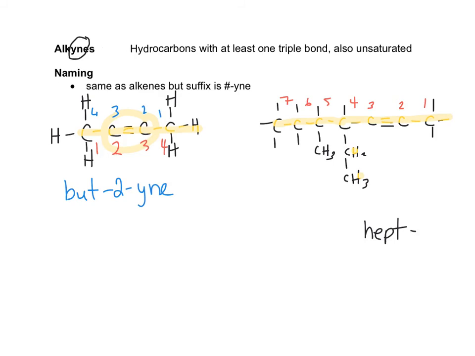So this is hept-2-yne. Now we've got to account for the other carbons, the 2 other side groups. We have a methyl group here, and we have an ethyl, because there's 2 carbons in the chain, so we've got an ethyl group there.